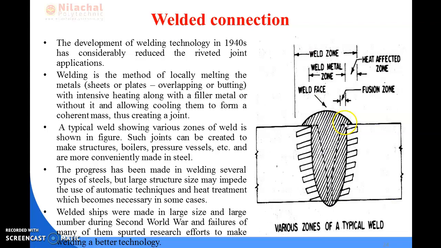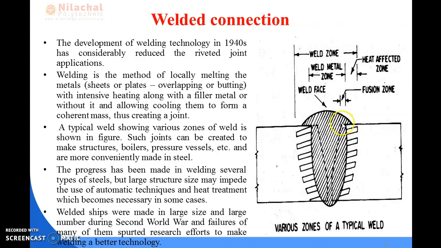And from this portion to this portion, you can see the square type of section, it is known as your heat affected zone. That means in that portion we provide the heat for a good joint, and the combination of the weld metal zone and heat affected zone in total is known as your weld zone.